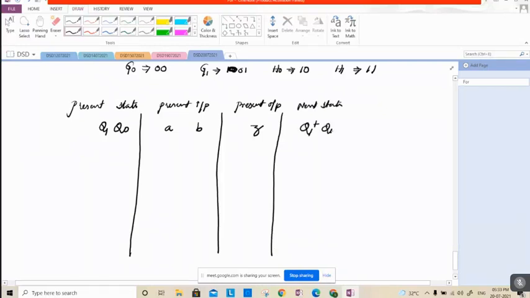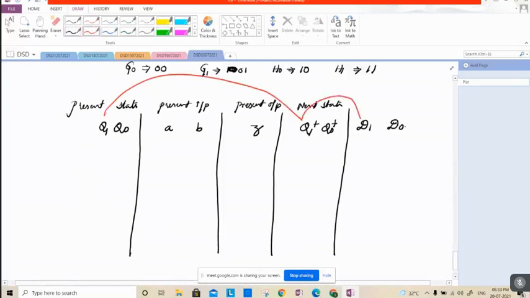Q1 plus and Q0 plus. How many flip-flops are required here? 2 flip-flops are required, D1 and D0. From Q1 to Q1 plus, we will be getting D1, and from Q0 to Q0 plus, we will be getting D0.